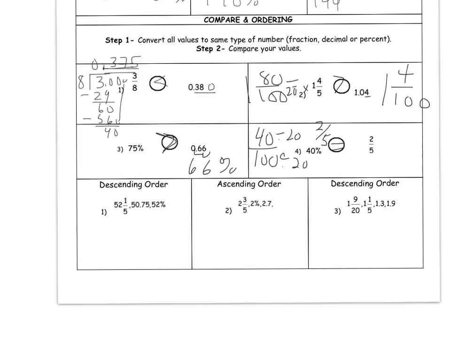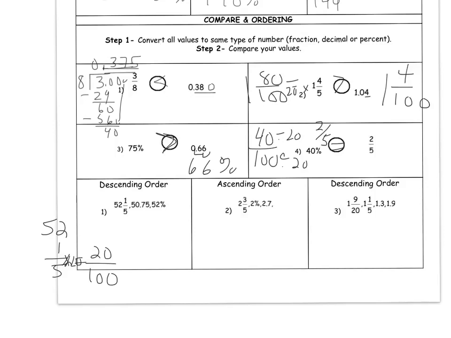Okay, so we know that's 52. Okay, and then the 1/5, let's get this into a percent. So remember, percent is always out of 100. So 1/5 into a percent is going to be 20%, right? So that's going to be 52 1/5.